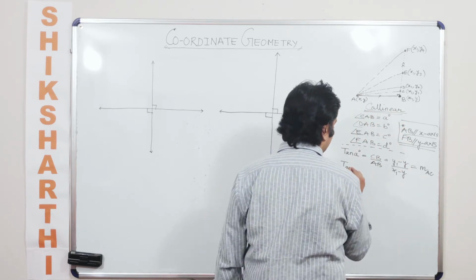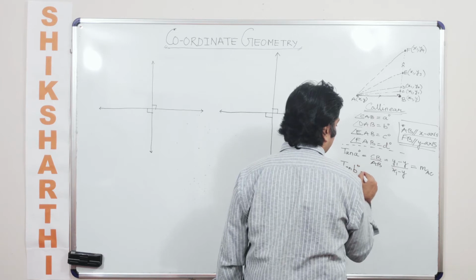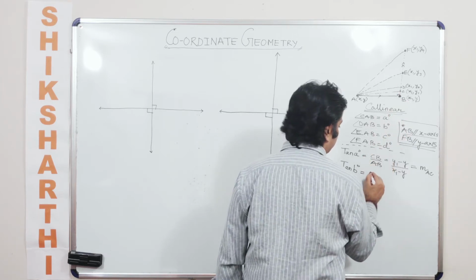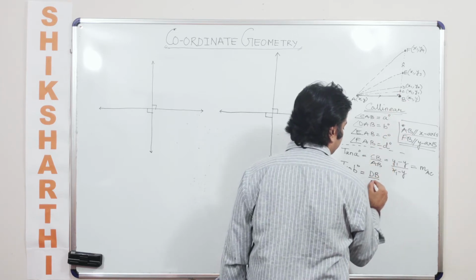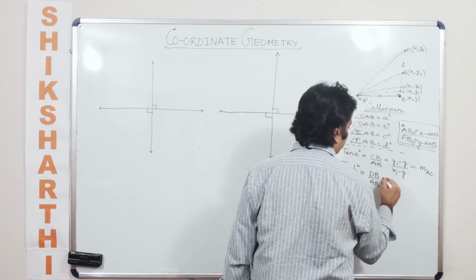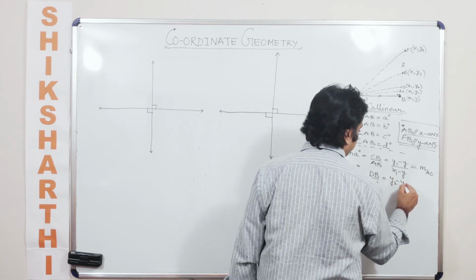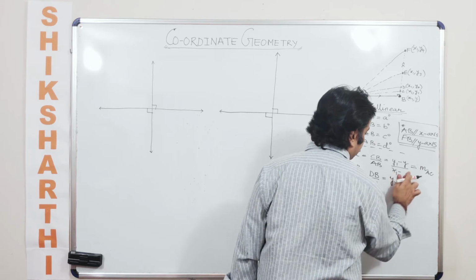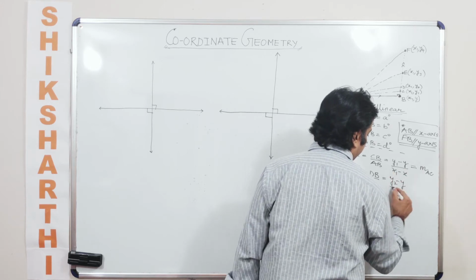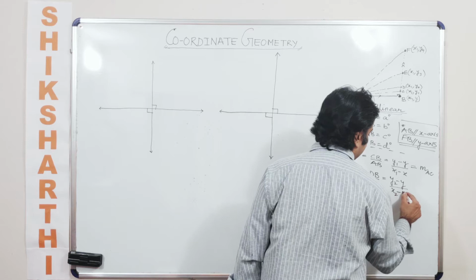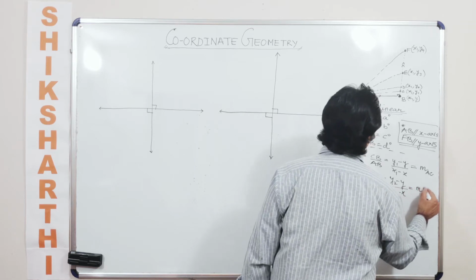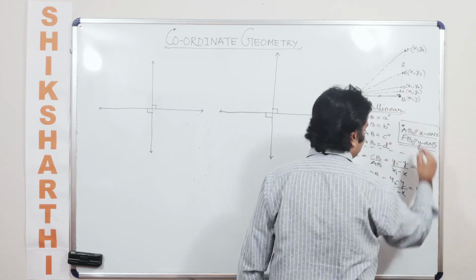Similarly, can I say tan of B degrees is equal to the perpendicular, which is DB, upon the base, which remains the same in all the cases? So this can be understood as y2 minus y divided by x2 minus x, which is just like saying the slope for the line AD.